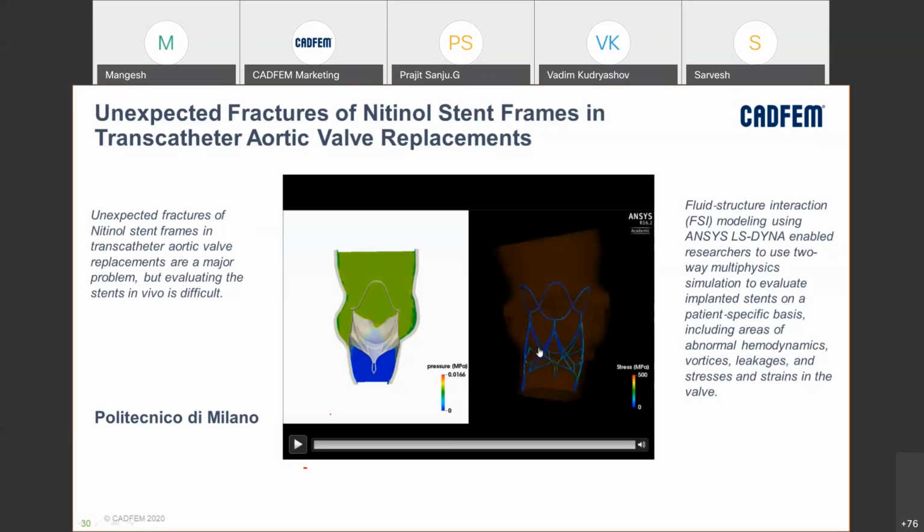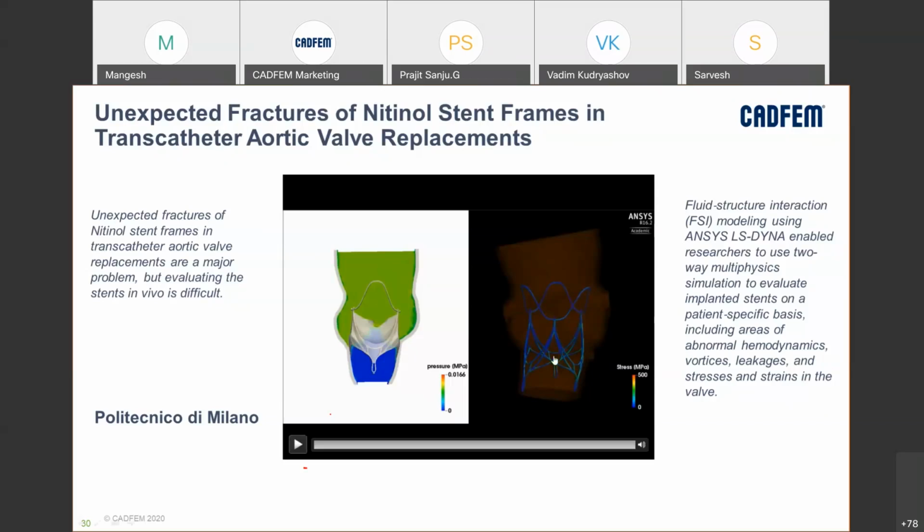You can see on the right side we are mapping the stresses over that stent, and wherever the stent is going to have a high stress, the geometry or the material or the overall thickness in that region can be modified, and this stent can be very effectively modeled or prepared for a very patient specific case. We can come up with the artery information for that particular patient and then prepare the stent accordingly.